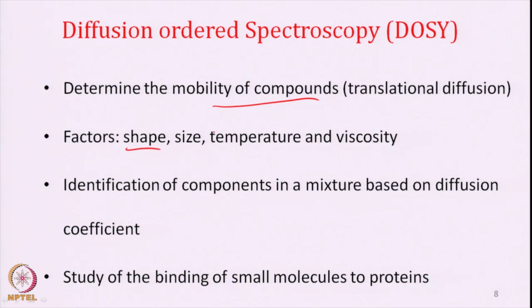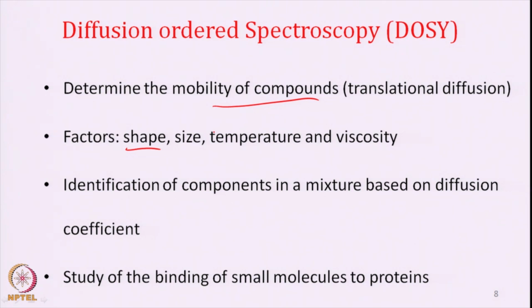Suppose a molecule is elongated. Its hydrodynamic radius is different, and that is how the diffusion is different. So, shape and size determine it: a smaller molecule can diffuse faster, a bigger molecule can diffuse slower. Another important factor is temperature. As we said, translational diffusion depends upon the thermal energy, so if you increase the temperature, the diffusion rate can change.